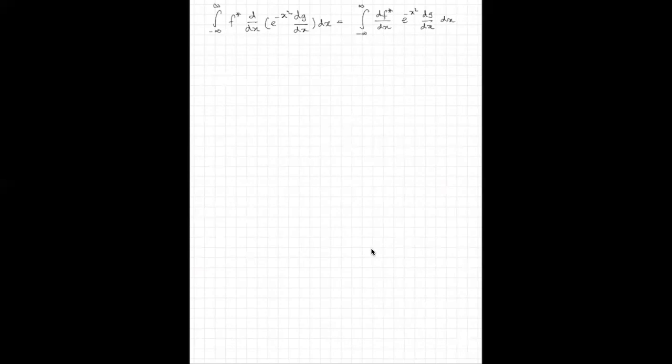So for this to remain finite, we have the boundary conditions.